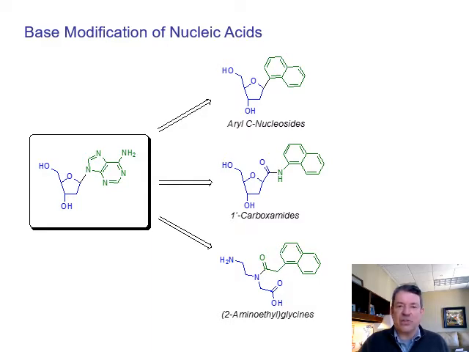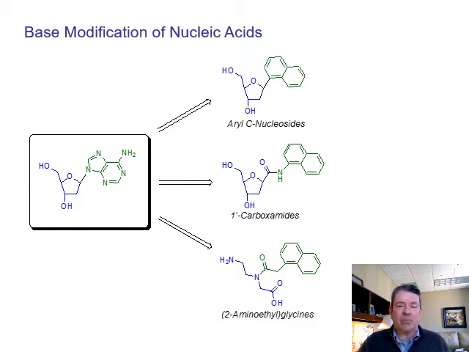And then, of course, DNA has thymine and RNA has uracil. But these bases are essentially 2 flavors. You have a bicyclic purine, which is flat, and then you also have a monocyclic pyrimidine, which is also flat.